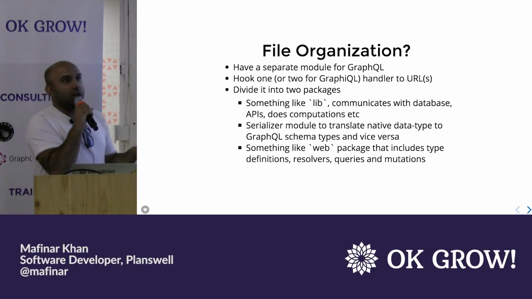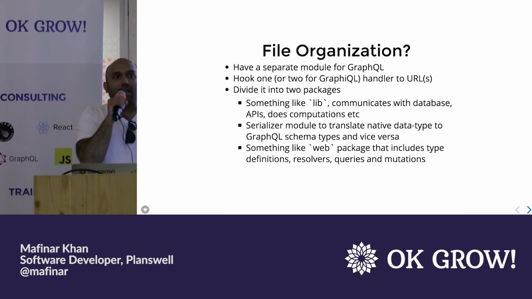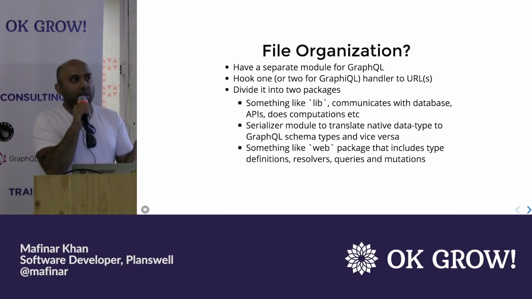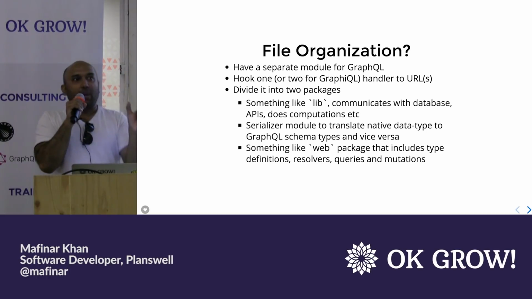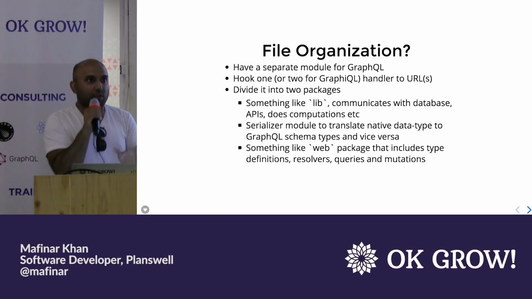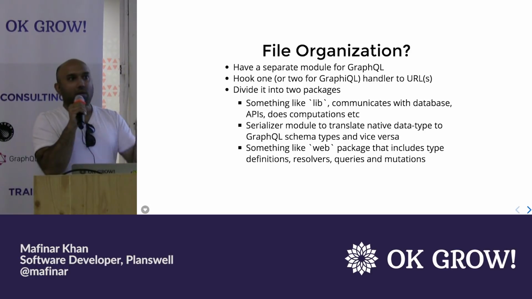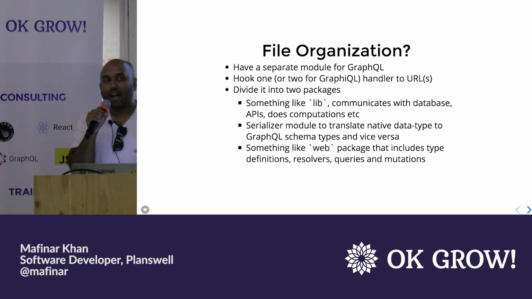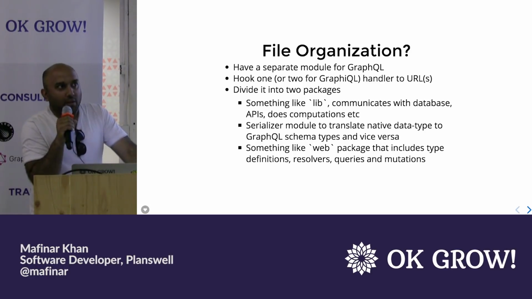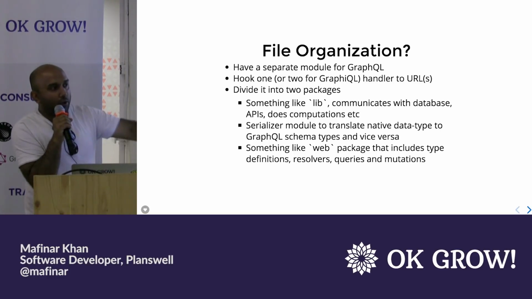The lib portion only contains data: a function that takes in a specific shape of data and gives out another shape of data, and all the business logic that needs to be performed. It does not know that it's going to be called in the context of GraphQL. Even if you call it from the shell, you can just have results coming in.